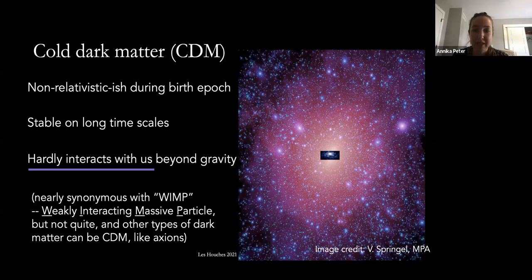Let's see if I can get it back. My computer appears to have frozen. Just a second.